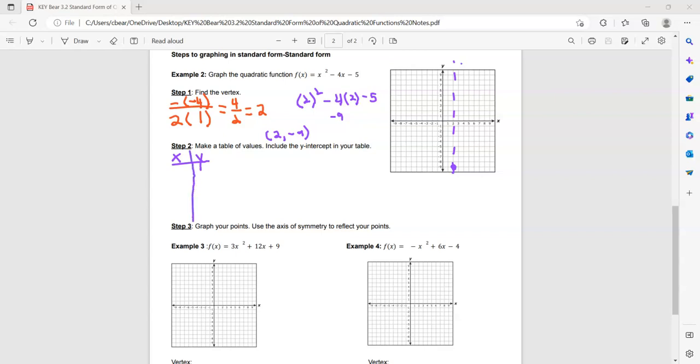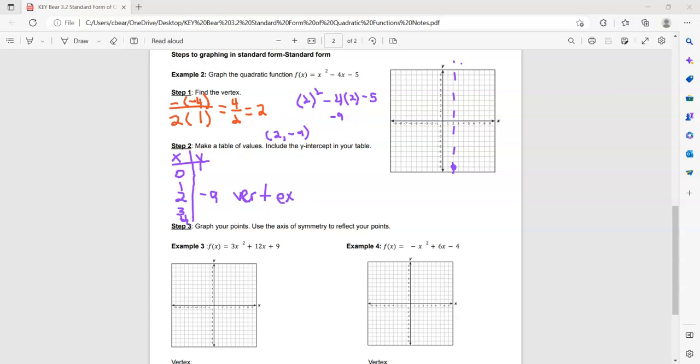But 2, negative 9 is going to be in the middle because we always put our vertex there. Do this as I do it. Let's see, so I do 1 and 0, and then I do 3 and 4. Just like we did the last time, we want to get the values that are surrounding the vertex.